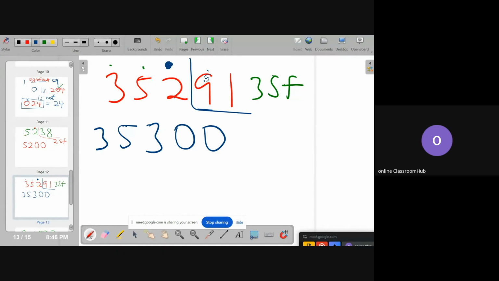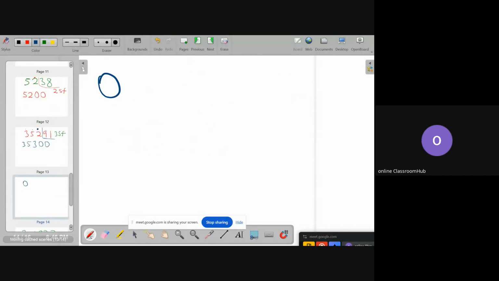Now, if there are decimal numbers, how do you go about it? Take 0.0734. We are leaving it in 2 SF.